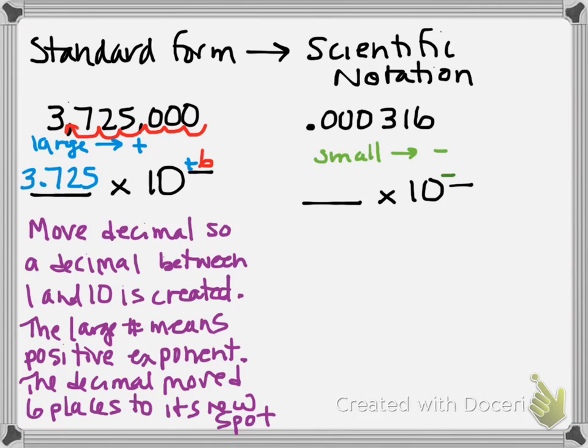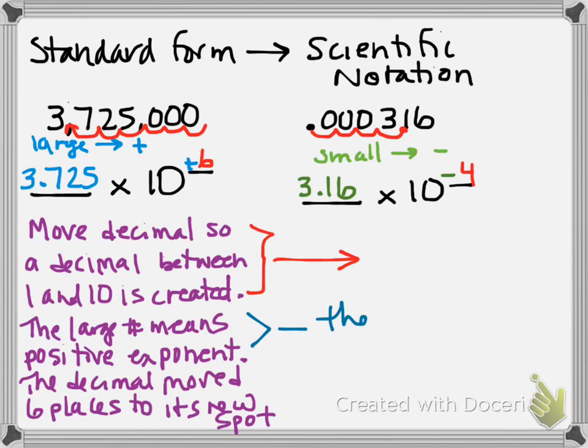Matt? It would be 3.16 to the negative 4th power. Okay, so let's just double check. We just move one spot at a time till we land where we need it to be. And we moved 1, 2, 3, 4 spots. So I agree the answer was 3.16 times 10 to the negative 4th power. So the only thing that changes, this is the same. I moved the decimal, so a decimal between 1 and 10 is created. This is what is going to be different.